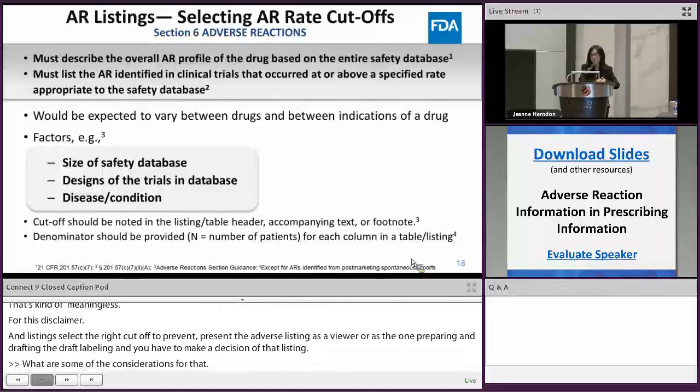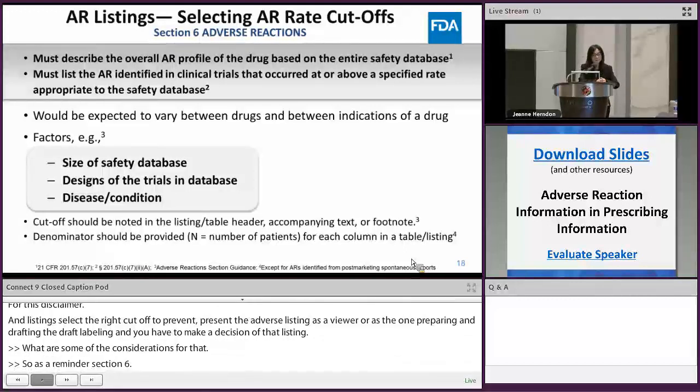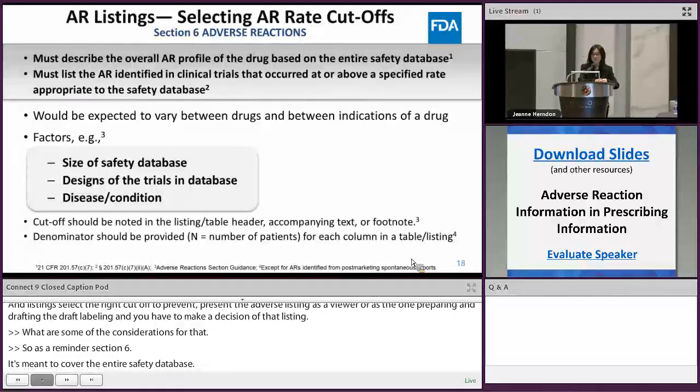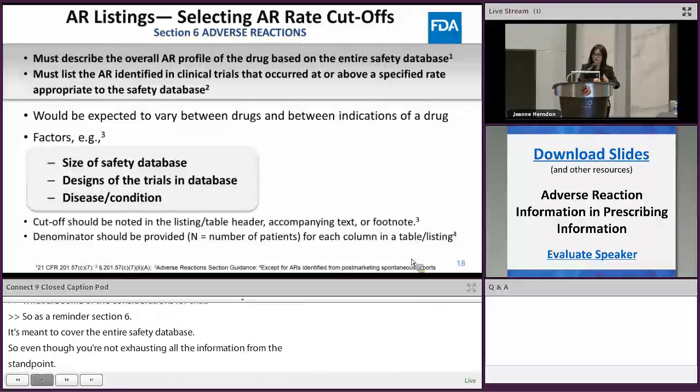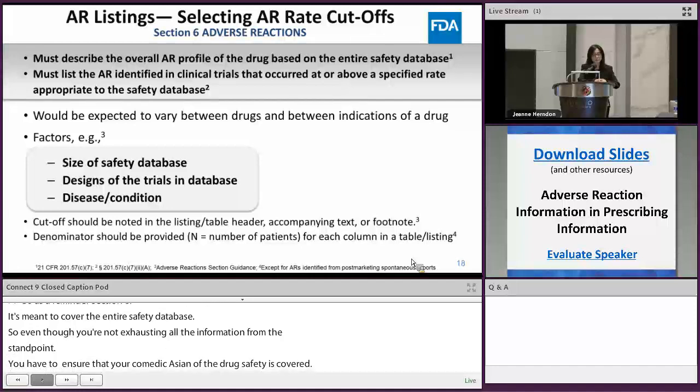So even though you're not going to be summarizing all the information exhaustively that you know about the drug from a safety standpoint, you have to ensure that your communication of the drug's safety is covered, and that covers everything that you know about the drug gleaned from the entire safety database during development. So again, you're not summarizing all of that information, but it does cover that knowledge base.